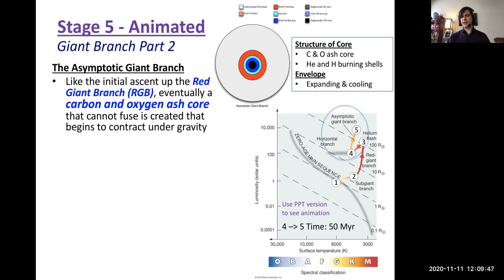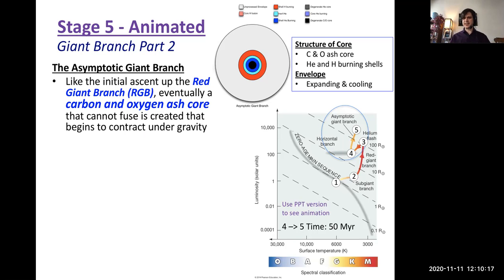However, over time, as the central part of that core fuses more and more carbon and oxygen from helium, it's going to build up a higher and higher relative percentage of carbon and oxygen, eventually forming a central part of the core that's going to be made of carbon and oxygen completely, 100% carbon and oxygen, and the temperatures are not going to be sufficient to fuse carbon and oxygen into heavier elements. We will have a new ash core.